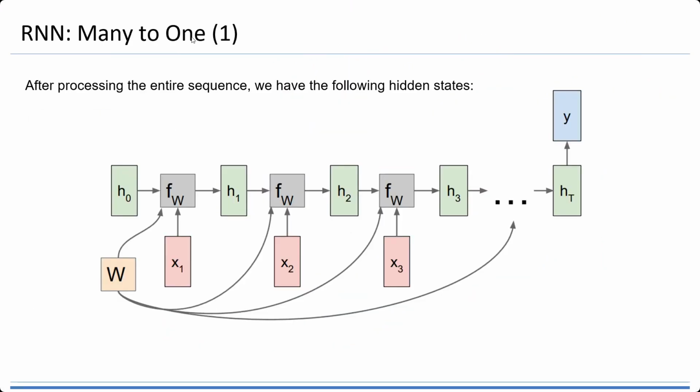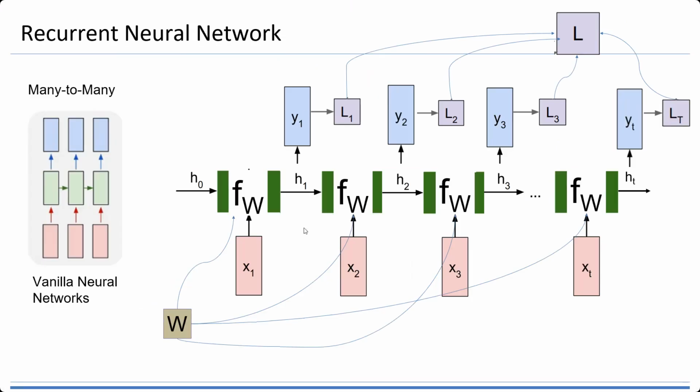There are several structures actually when we deal with the neural network. If you look at many to many, we have an input and an output in a particular hidden state, and then next we have an input and an output in the next hidden state.